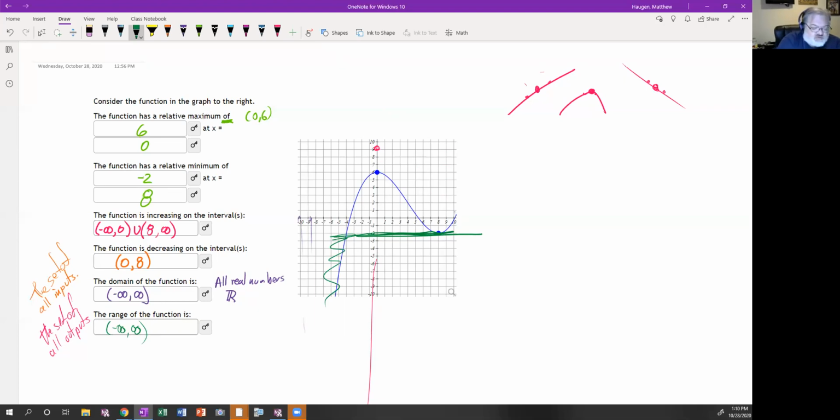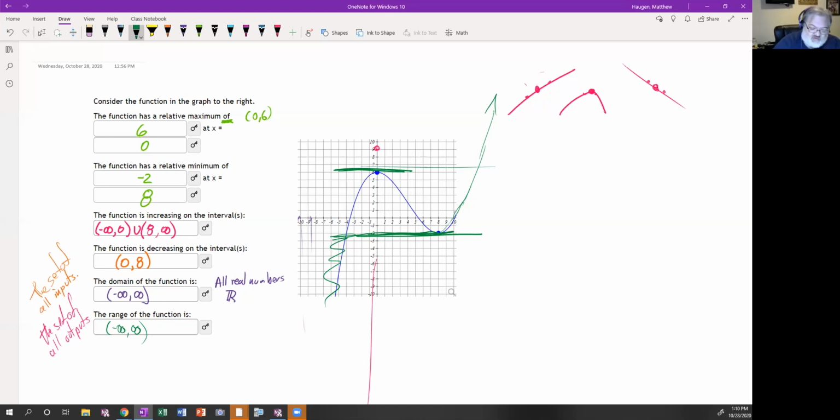This maximum at 6, if this graph didn't turn back upward, that would matter. But because this turns back upward in a way that we are supposed to presume it keeps going, again, because of the lack of a dot there, then that 6 in our list of possible outputs goes right to 6.1, 6.2, all the way up. So those mins and maxes don't have really any effect, unfortunately.